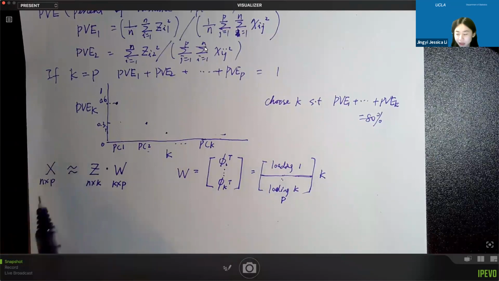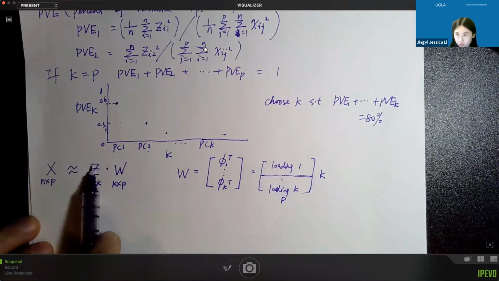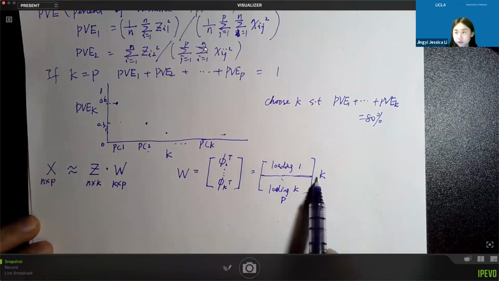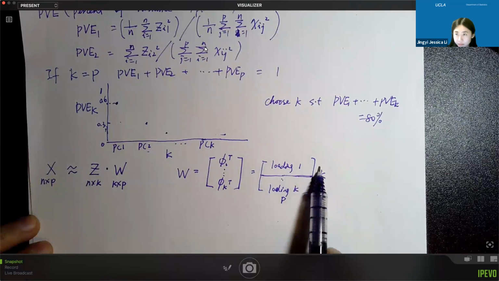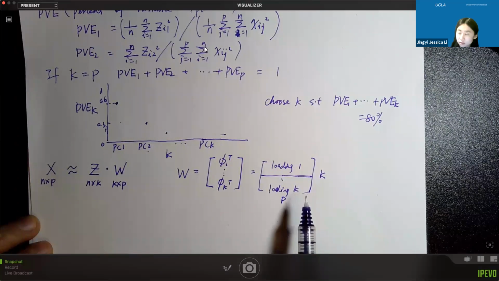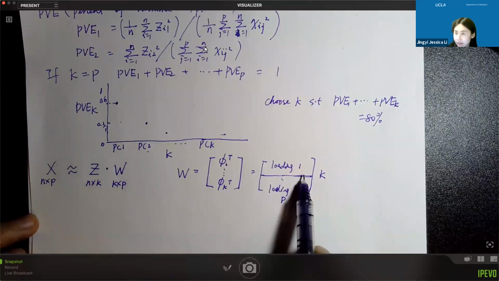So from a biologist's perspective, you want to know the meaning of each new dimension. So what people usually do is plot each new dimension against an original dimension. By looking at the loading matrix, you can also see that information.